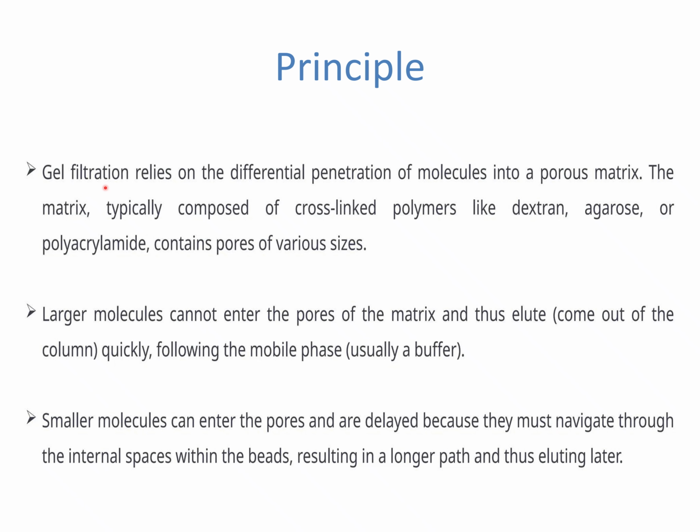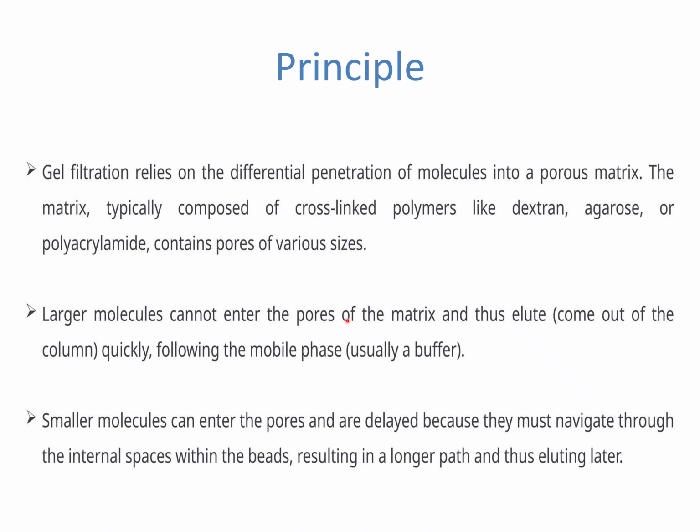Gel filtration relies on the differential penetration of molecules into a porous matrix. The matrix, typically composed of cross-linked polymers like dextran, agarose, or polyacrylamide, contains pores of various sizes. So the stationary phase contains the pores. The larger molecules cannot enter the pores of the matrix and thus elute quickly following the mobile phase. The mobile phase is usually a buffer. Why buffer?